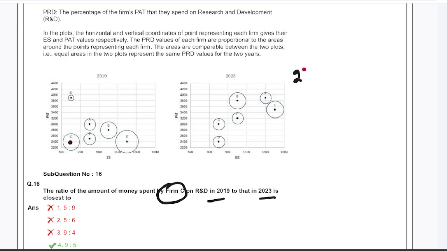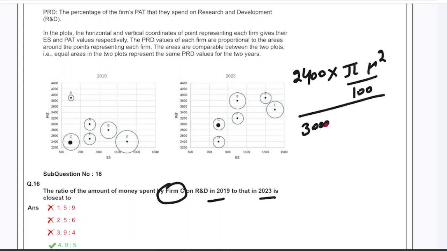We have to find 2400 multiplied by pi r square, that is the area, because we have to account for the percentage also. Divided by, for 2023, C is 3000. So 3000 into pi r square. Now in this case, r is going to be separate.